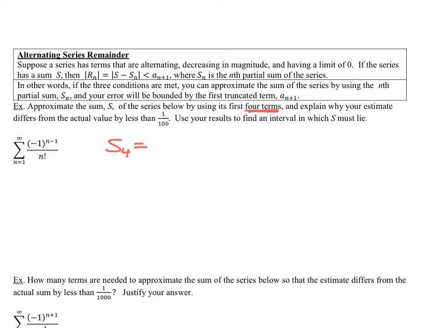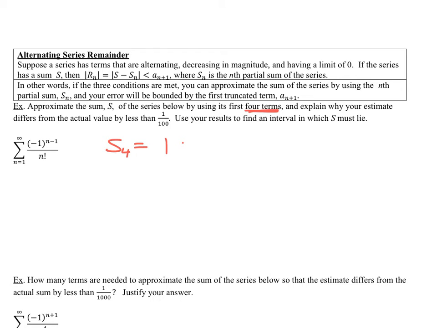So it's alternating, which means that we have to account for the fact that there's going to be a sign change. If I plug in a 1, I'm going to be looking at a power of 1 minus 1, which is 0. So the first term is going to be positive. Negative 1 to the 0th power is positive 1, so 1 over 1 factorial.